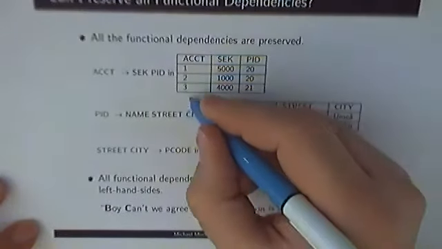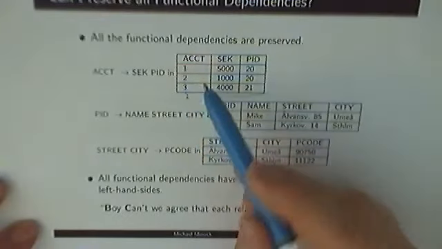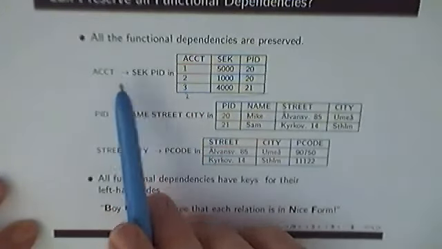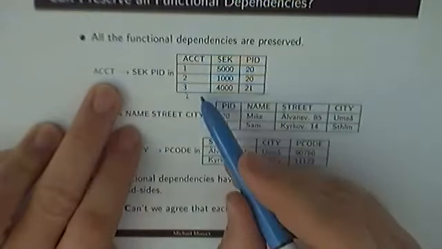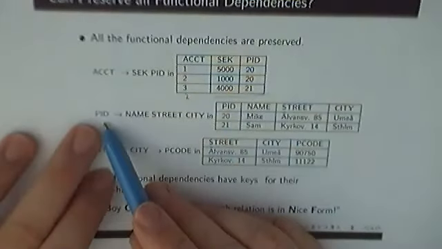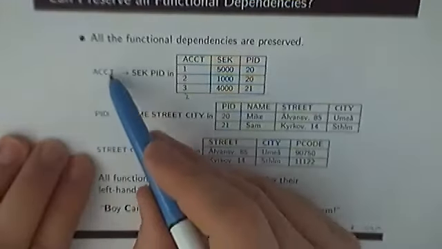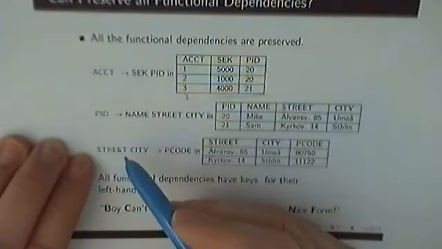If you put in account number 2 here and something else, then you can preserve this functional dependency by making sure that you keep the right state of this table here. And likewise with this other functional dependency. It looks like all the functional dependencies that we wanted to capture for the database each have a happy home in one of the relations of the decomposition.